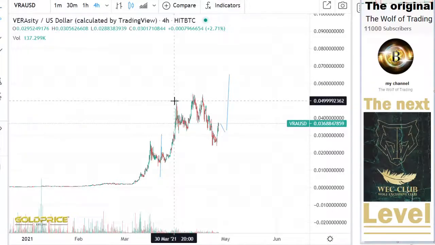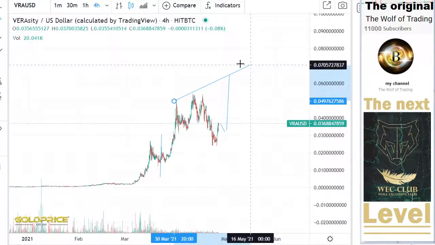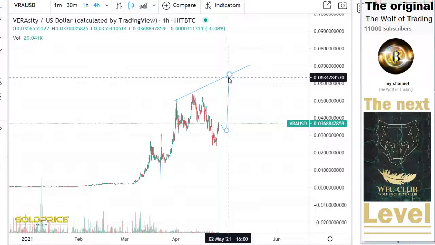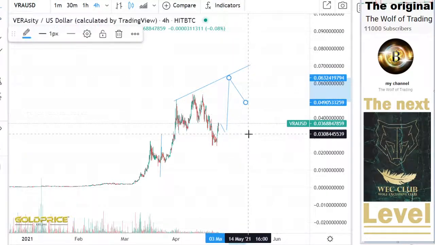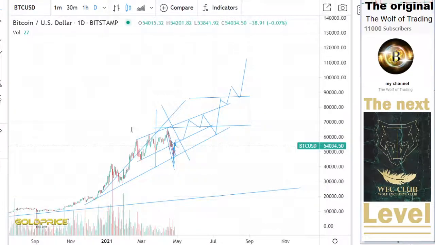If you look, we have here the testing of this line 1 time, 2 times, 3 times. Price will fall, and if you compare this with Bitcoin, then we theoretically have a chance to go to the top side.